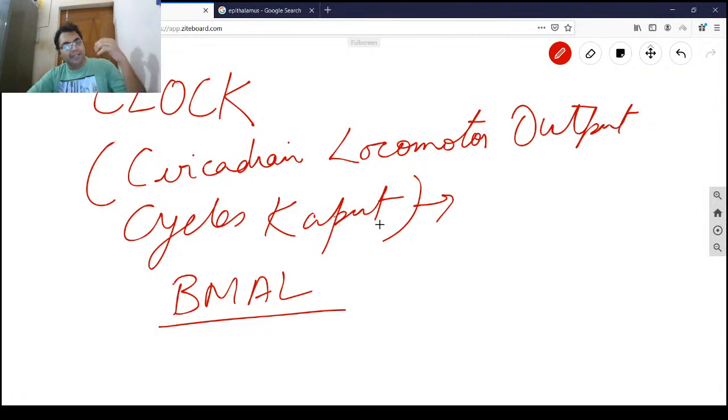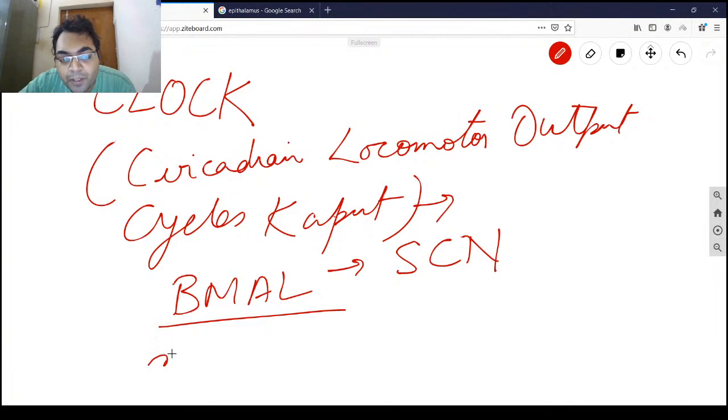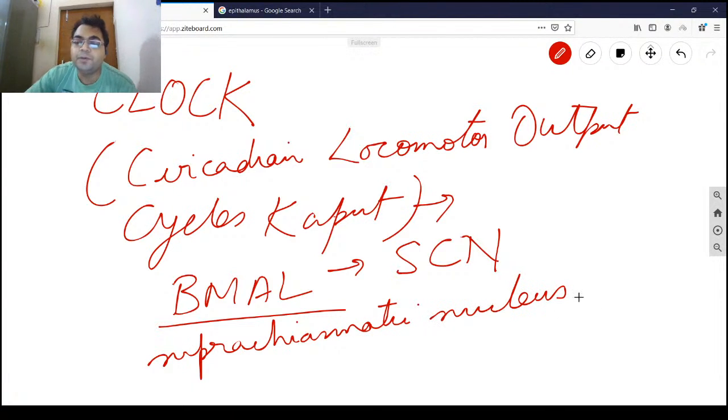So what happens is when we illuminate our retina with light, the light will cause stimulation of a special cluster of neurons present in the hypothalamus, and that cluster of neurons is known as SCN. SCN's full form is suprachiasmatic nucleus, a cluster of neuronal cell bodies. Always remember.